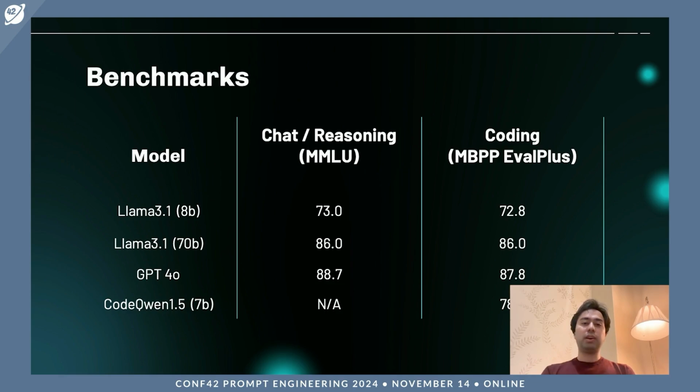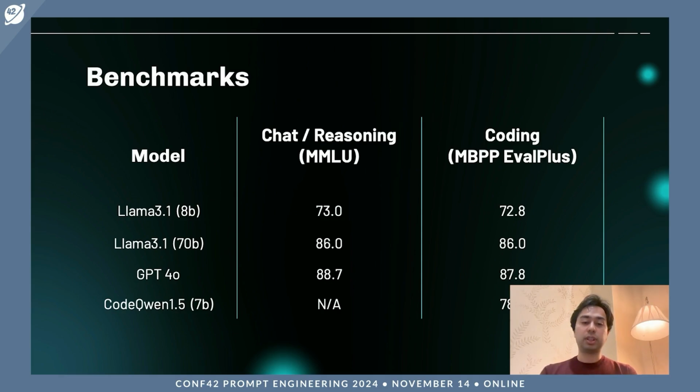All right, we have looked at these models qualitatively, but let's look at some numbers. Sorry, the bottom right number is hidden because of my video, but it's 78. So let's start from the top left. Llama 3.1, the 8 billion parameter model. Let's look at the chat reasoning task, so how well it performs on chat tasks and coding tasks.